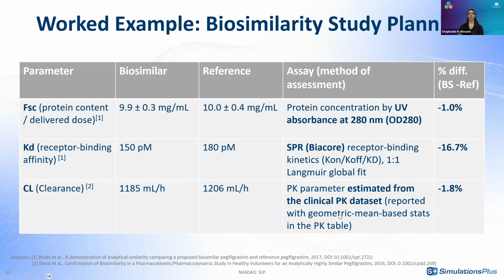And for clearance, the value here is taken from the clinical data set in the second paper, reported as a geometric mean based on PK summary statistics, resulting in a minus 1.8% difference. So ideally, this step would rely only on the CAA-derived inputs. Here we have to assume basically that preliminary PK data were available to support a clearance estimate for both products.